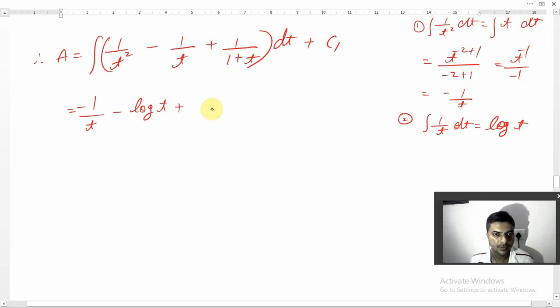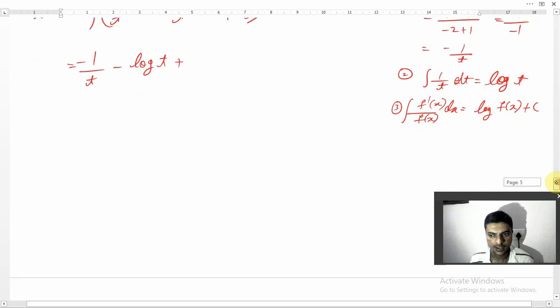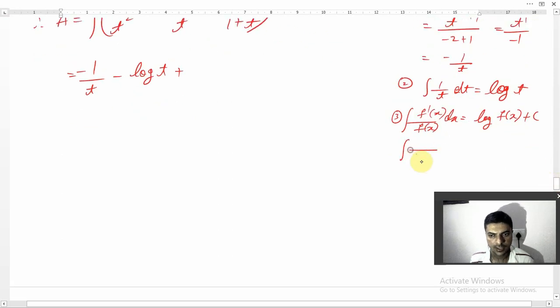Similarly, plus 1 divided by 1 plus t. How can we simplify this, friends? Again I am going to use the third law, that is integration, this is my favorite, f dash of x divided by f of x dx is equal to log of f of x plus c, whatever constant is there. You can just see, if you take this as 1 plus t, I will take this as log of 1 plus t.